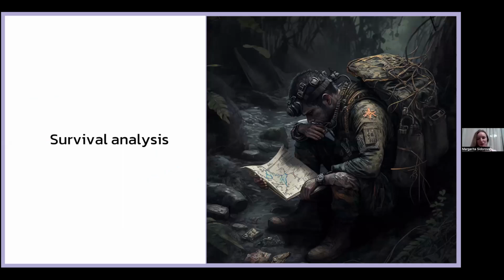This is not what survival analysis is about, this picture, but maybe it's what you thought about at the very beginning. In fact, survival analysis is about time to event, and the event is usually death or some disease progression or disease relapse.